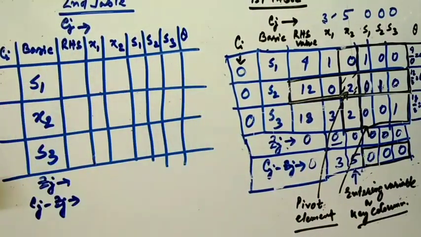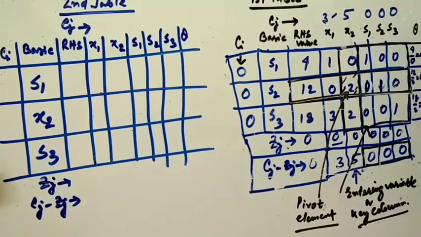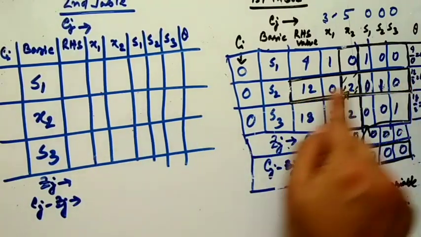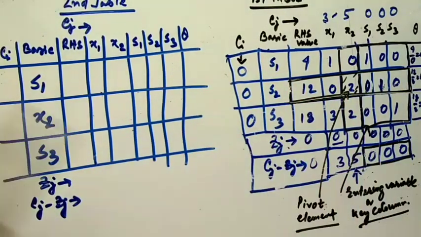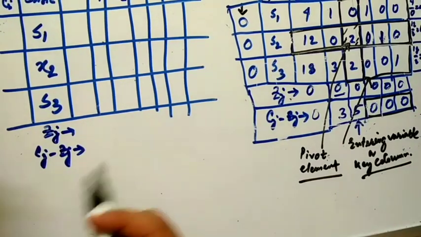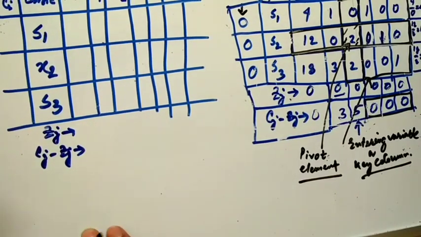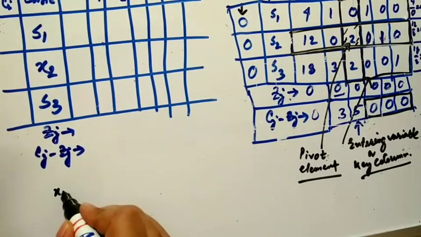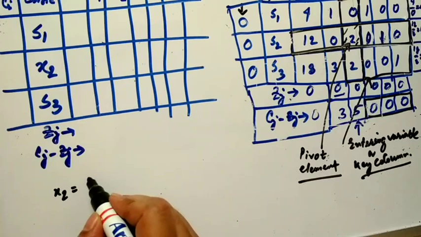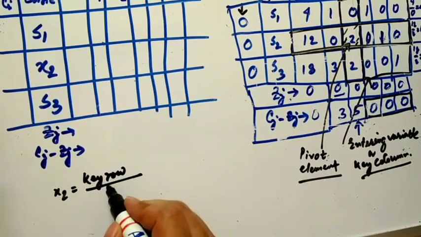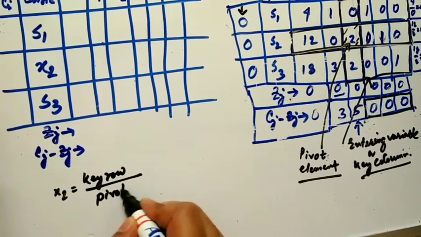Now we have to put the values accordingly. How to put the values? Look, for this particular X2, that is the key row, we have the formula of key row by pivot element.